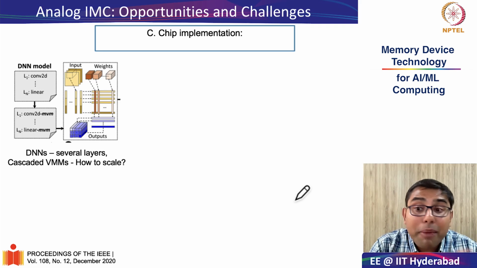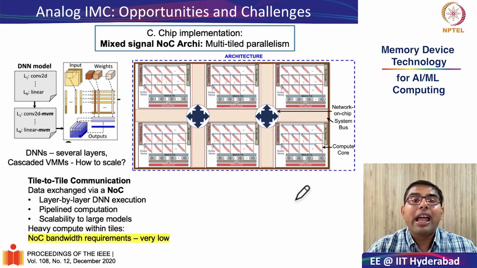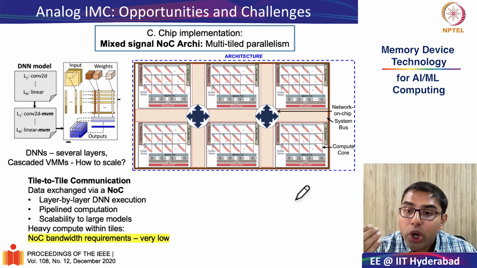Remember, a deep neural network may require several dozens or even hundreds of such vector matrix multiplication operations, all done layer by layer. And this is where system level or chip level architecture becomes absolutely crucial. And this is the way to go forward.